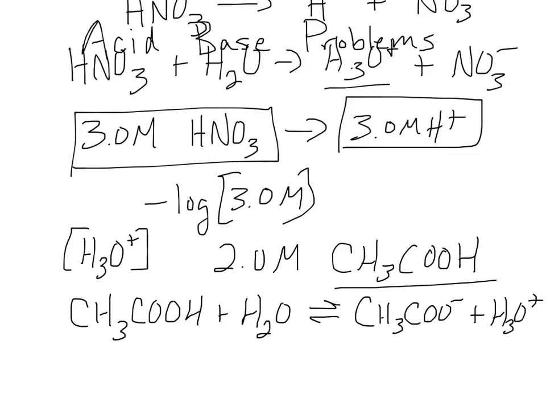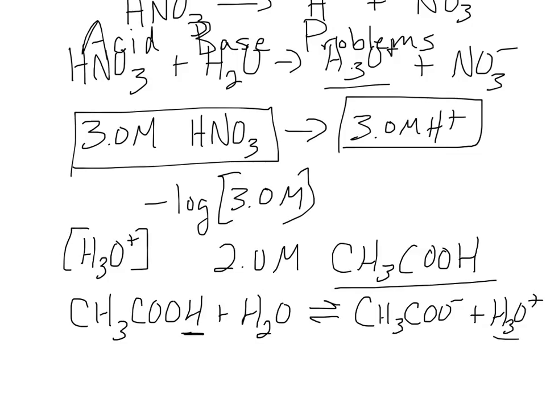Again, as soon as you recognize which is an acid and which is a base, you know that if it's an acid, it's going to be giving up a hydrogen ion to water, and if it's a base, it's going to be taking a hydrogen ion from water with those weak bases.